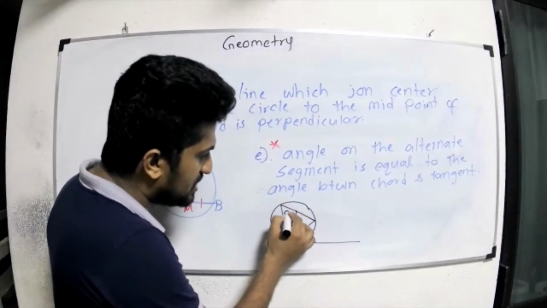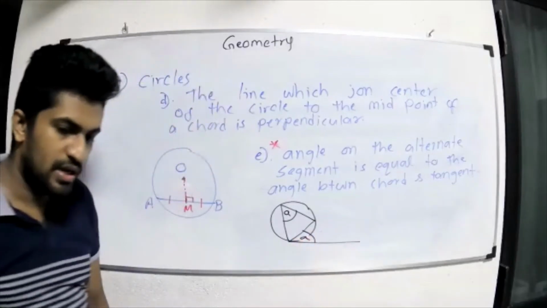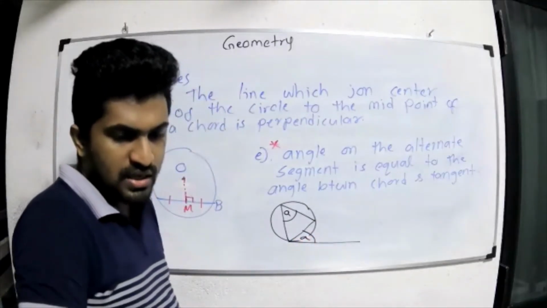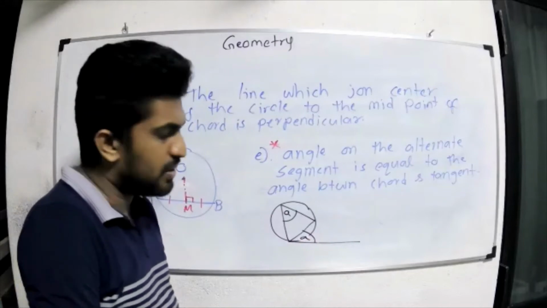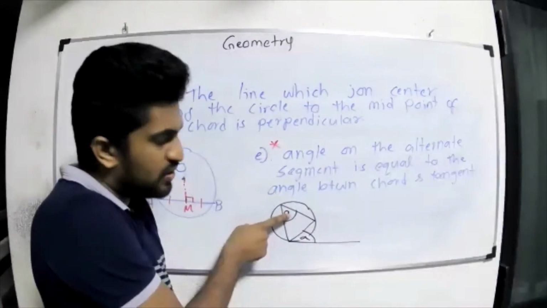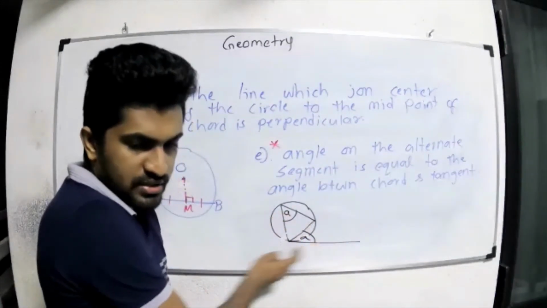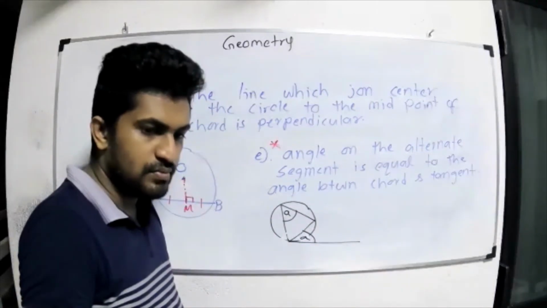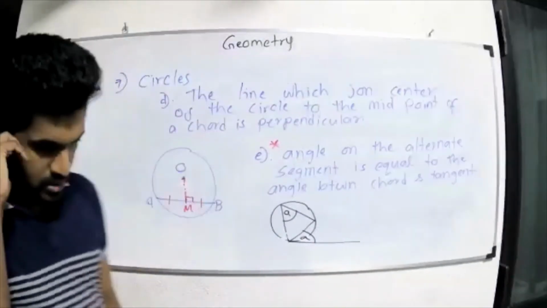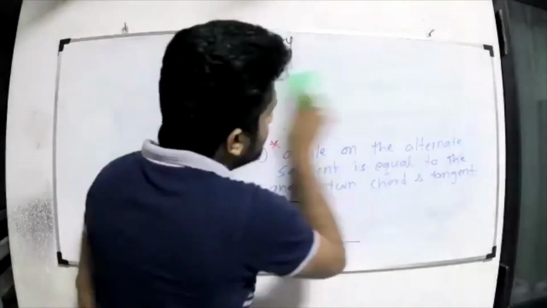If this is A, then you can name this also A. The two angles are equal. Got it? So here, the angle subtended at the alternate segment is equal to the angle between chord and tangent. Copy this. After that, I'm going to move to the next section.